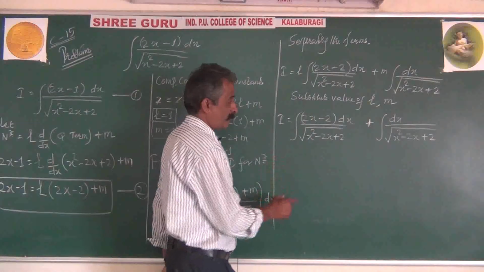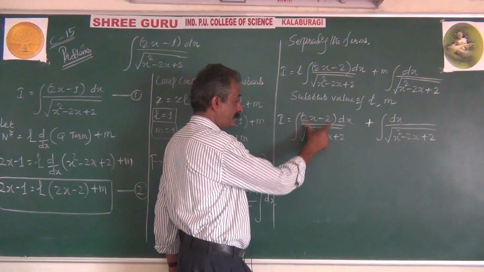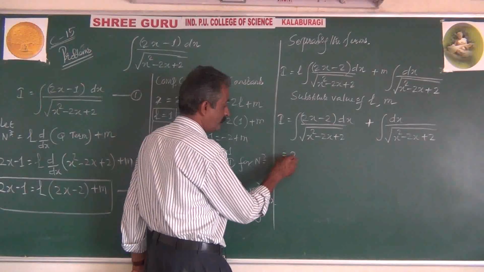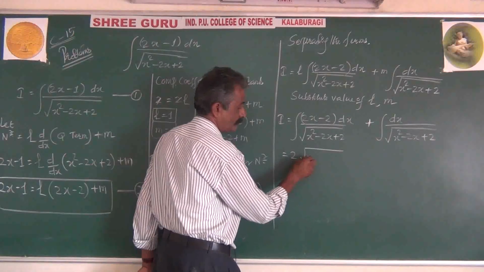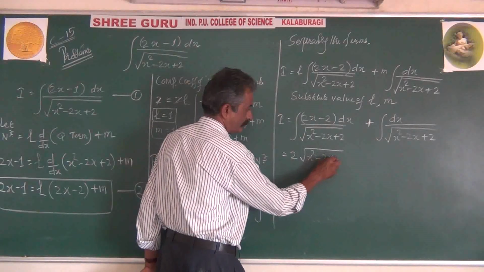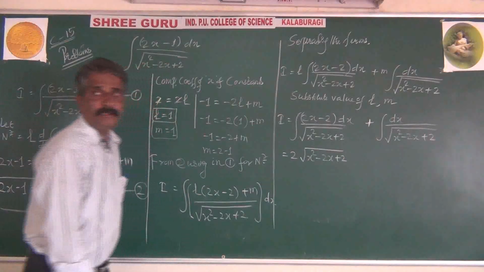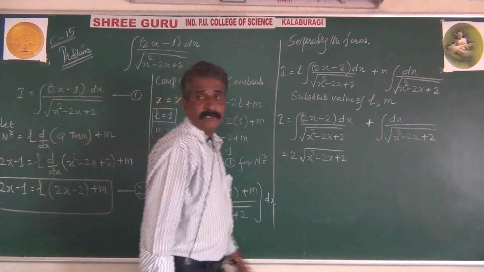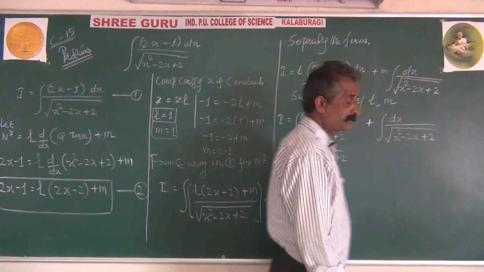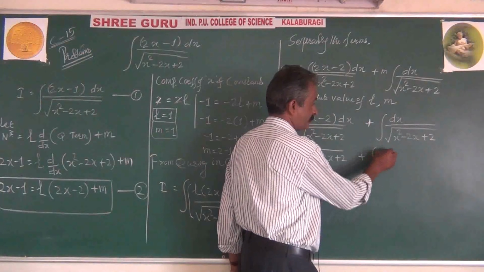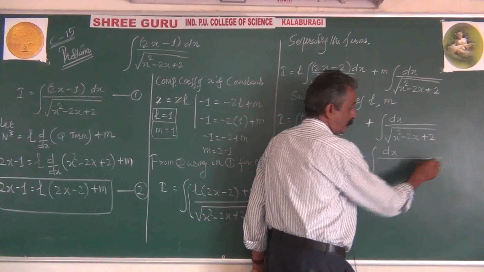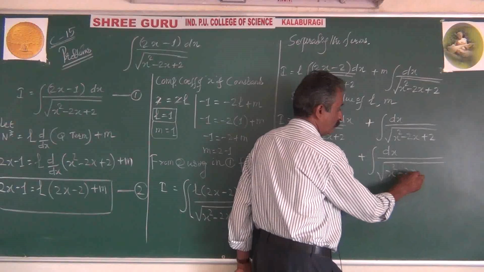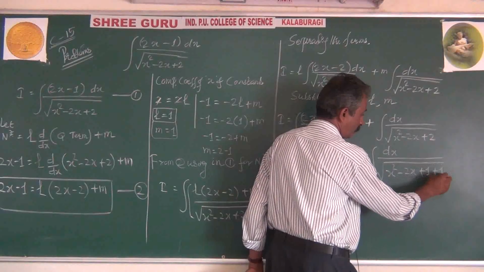It is in the format integration of f dash x by root of f of x, which is equal to 2 root of f of x. And if there were no square root, then your answer would be log. Here we apply the method of completion of square. Everything is set. In x square minus 2x, how much do we need? 1. 2 means 1 plus 1.